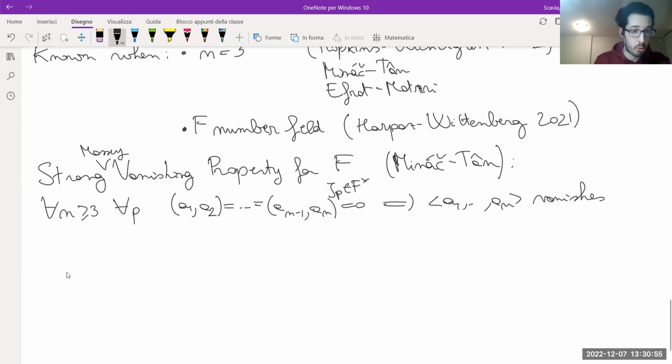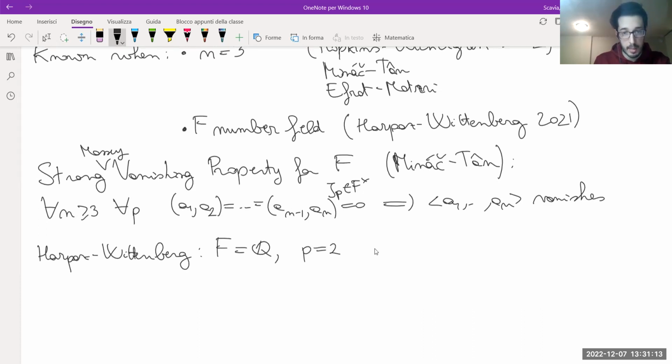There is an example due to Harpaz and Wittenberg. It predates their work on the number field case. So F is equal to Q. If I take the prime p equals 2, and I consider these cup products, (34, 2), two cohomological symbols, then (2, 17), and then (17, 34).